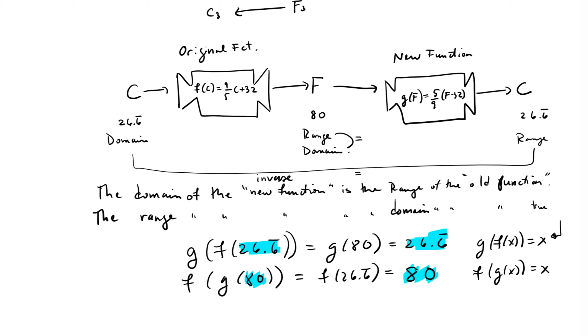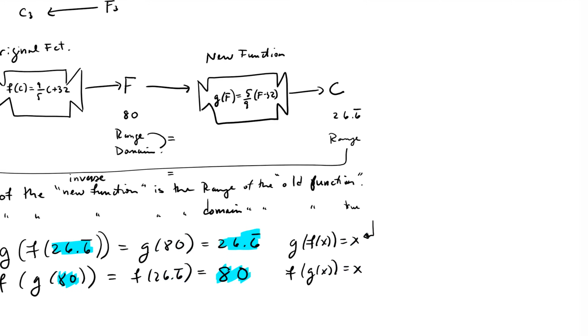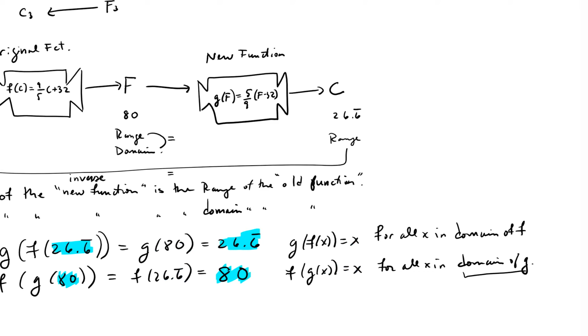Actually, I'm not out of space, I can just slide down like this. And this is for all x in the domain of g, which is the same as the range of f.